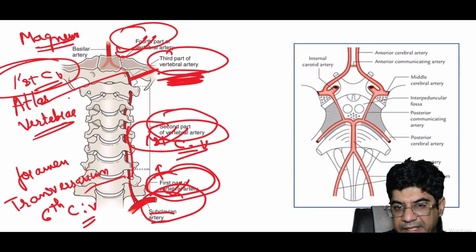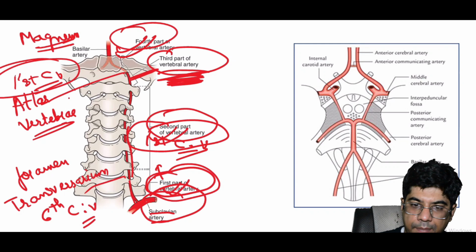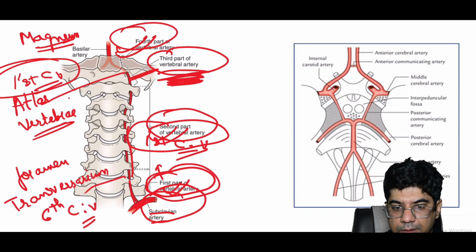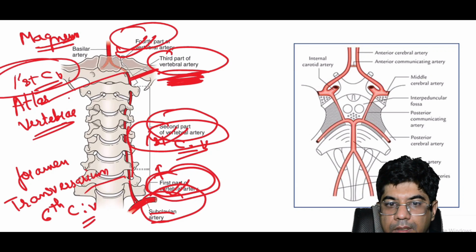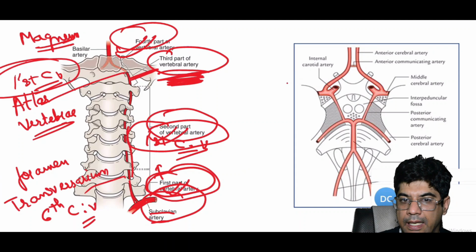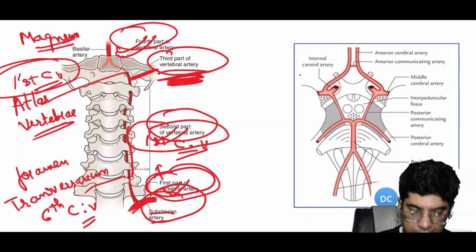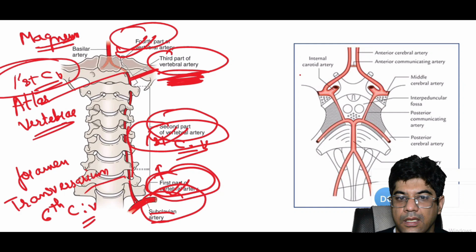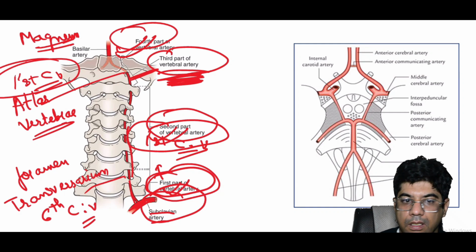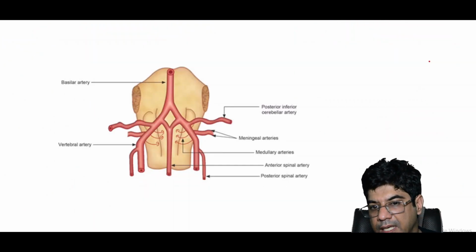So can anyone tell me which arteries supply blood to the brain? It is supplied by two vertebral arteries and two internal carotid arteries. So what are the intracranial branches? Let us discuss that. The first is the posterior spinal artery.